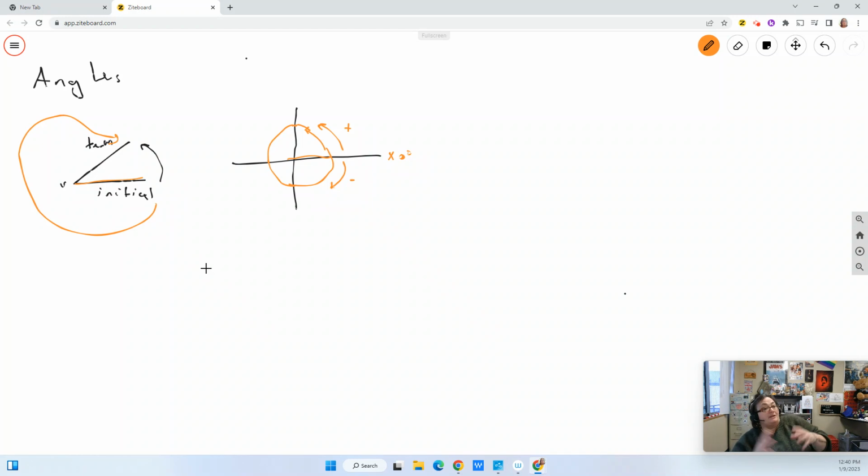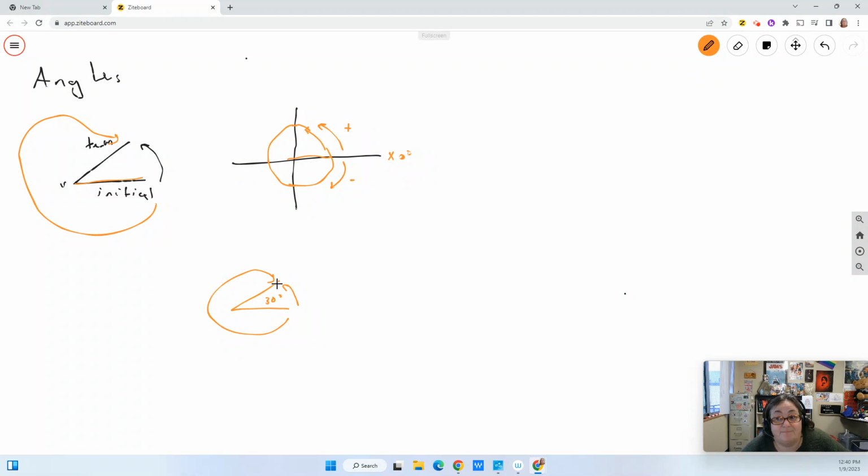So every angle has a coterminal angle, right? So if I have this angle right here, and we say that it's 30 degrees, right? If I go this way and I go all the way around, its coterminal angle would be 330 degrees.